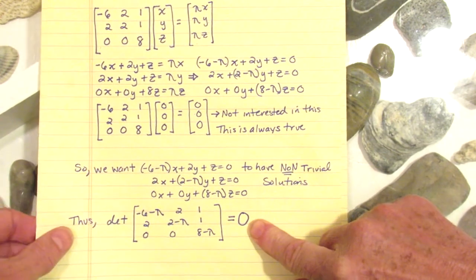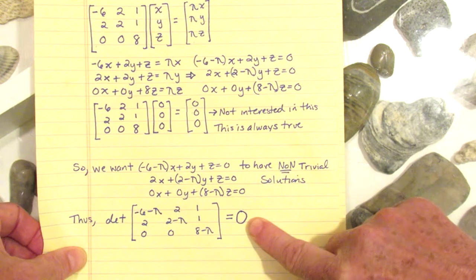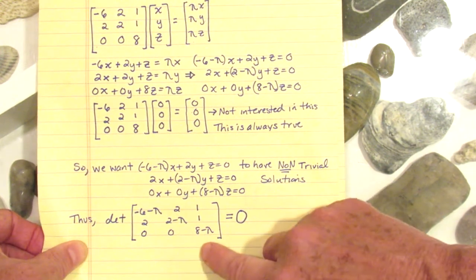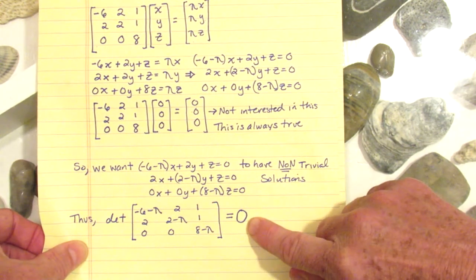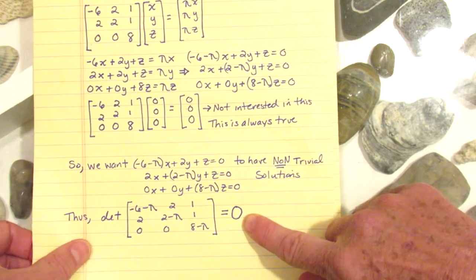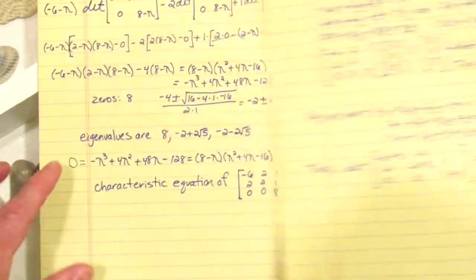Otherwise, you just have the unique solution and the matrix actually doesn't have any eigenvalues. If it has eigenvalues, it means that this determinant needs to have some real zeros. Again, they don't have to be nice, clean numbers. They can be messy numbers, but they need to be real numbers, not complex numbers.